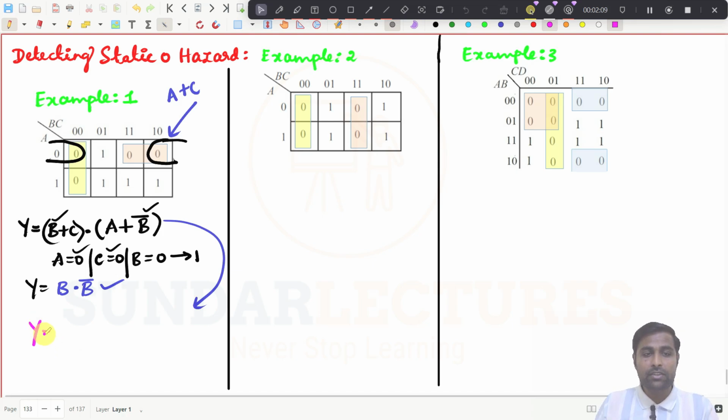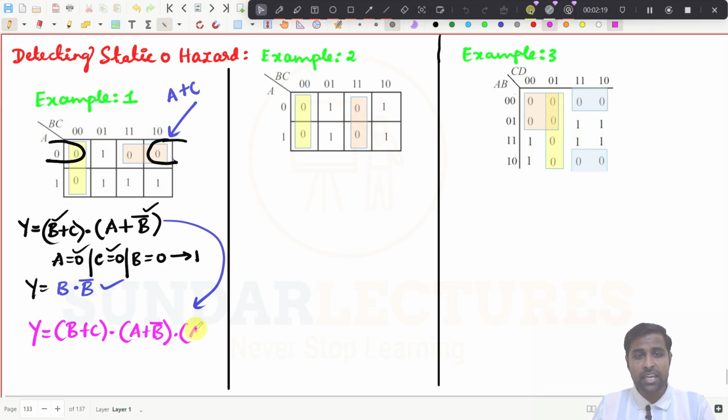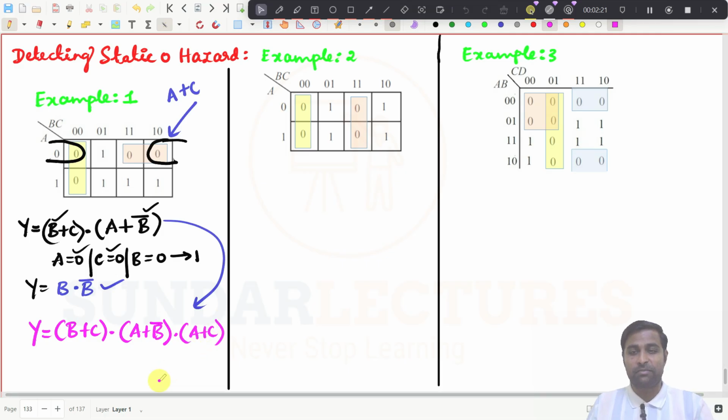So y is equal to b plus c, that is one term, and a plus b bar, that is the second term, and dot a plus c, that is the third term. And if you draw the diagram and check it out, you will not get the hazard here. The static zero hazard will be eliminated.